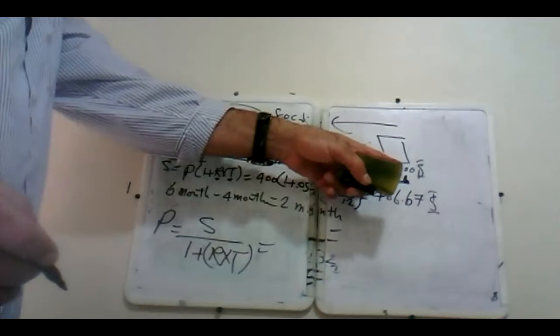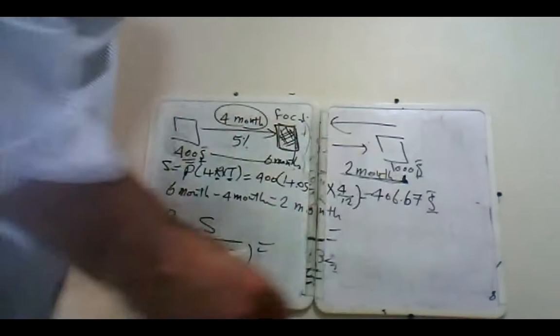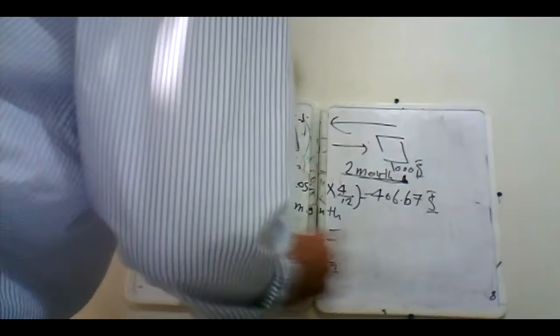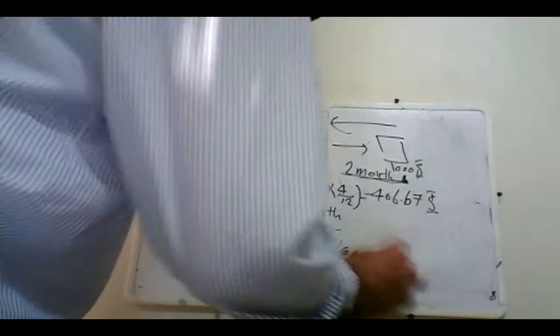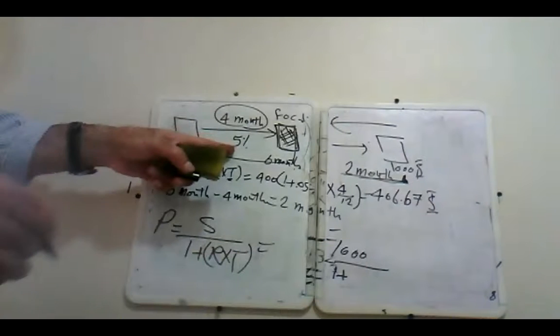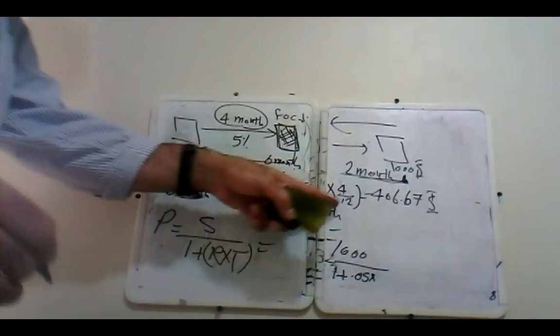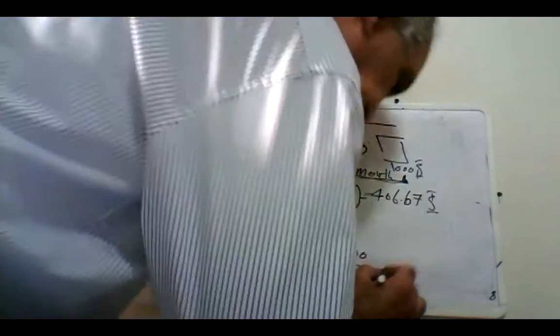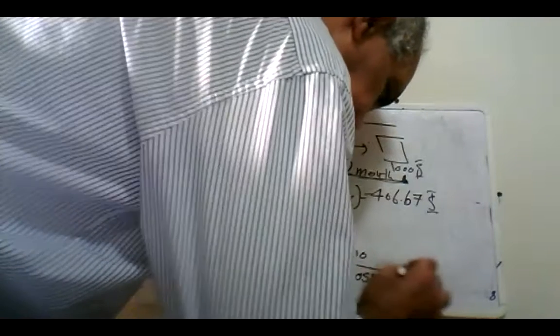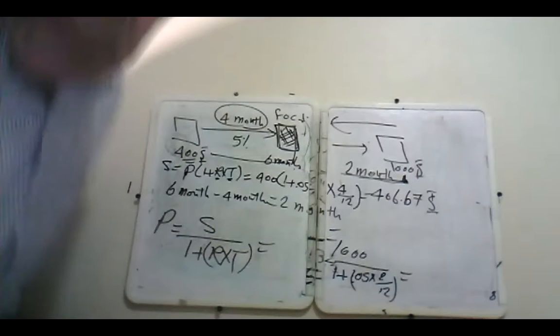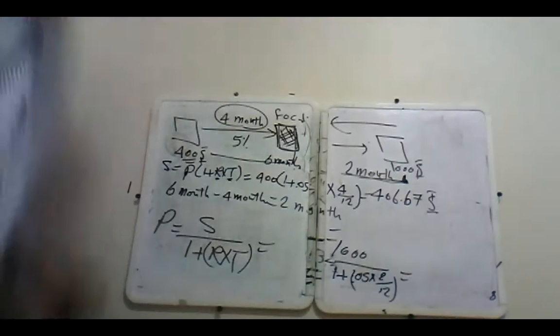The future value is 1,000, divided by 1 plus the r, the same 5%, 0.05, times the time, which is 2 months, so 2 divided by 12. At the end it will equal 991.74.